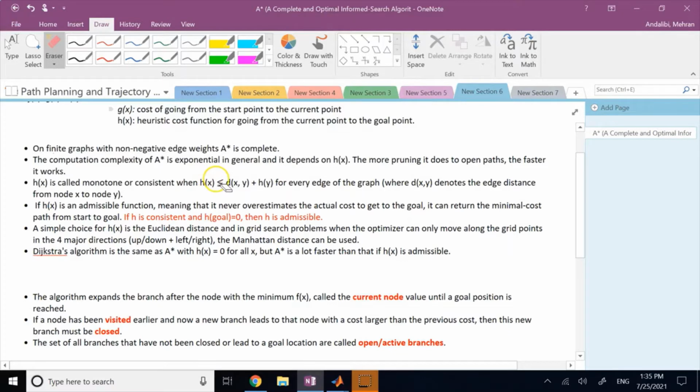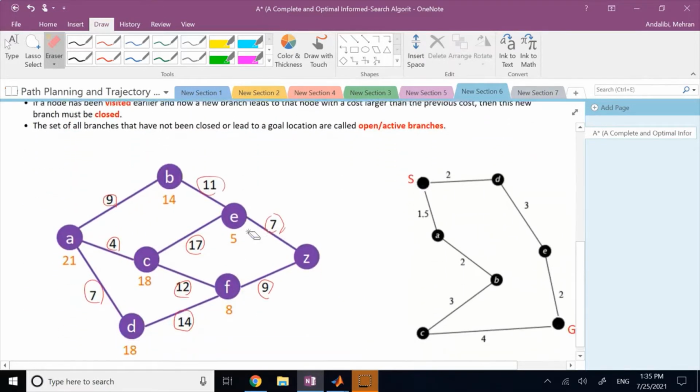If h at x is less than or equal to h at y plus the weight of the edge that you took to travel from x to y, then you can call that h function consistent or monotone.